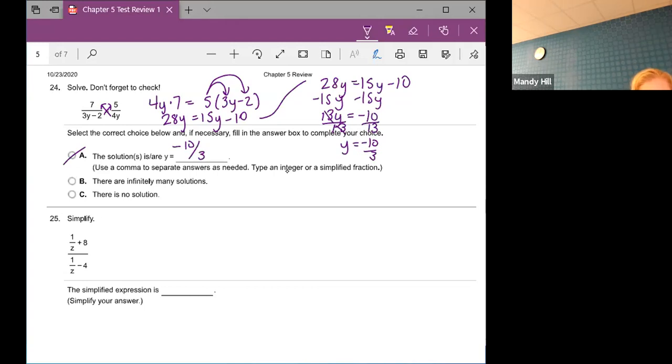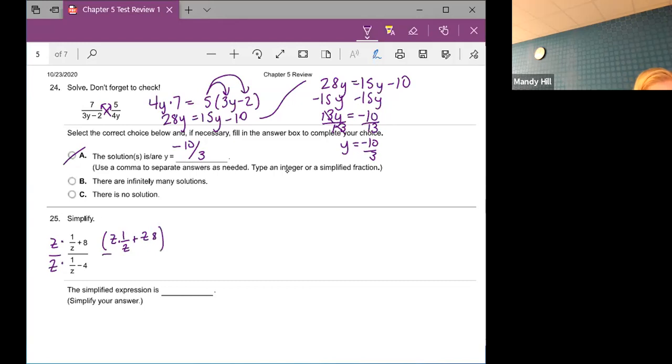In order for me to simplify this, I need these z's to be off of the bottom. So what I want to do is multiply everything by that denominator of z. So I'm multiplying this by z, and I'm multiplying this by z. So z times 1 over z plus z times 8.